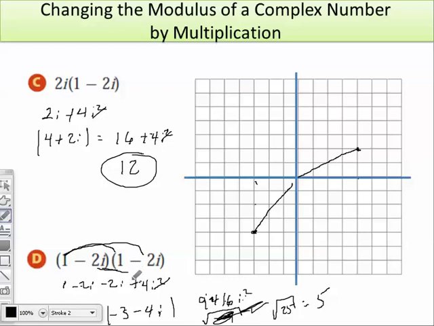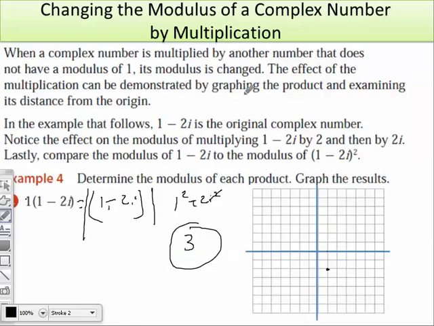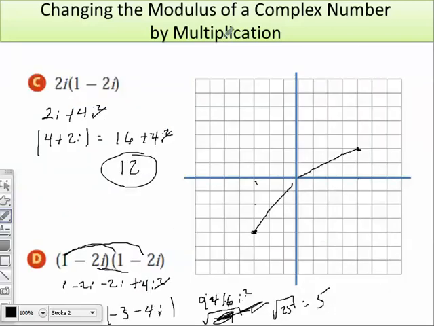This is the world of the complex numbers. Okay? This is the world you got to be careful with. And that's what they're trying to tell you right here. The effect of multiplication can be demonstrated by graphing the product and examining the distance from the origin. Okay? It's really kind of screwy how it works. Be very, very careful with it.